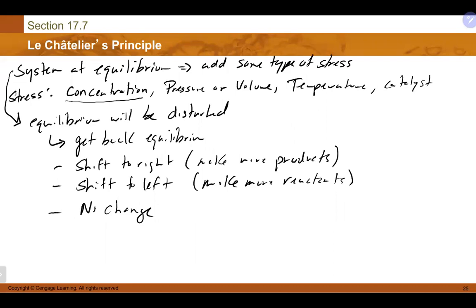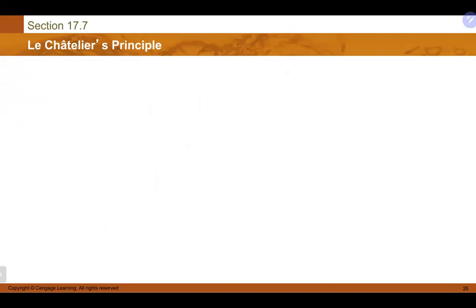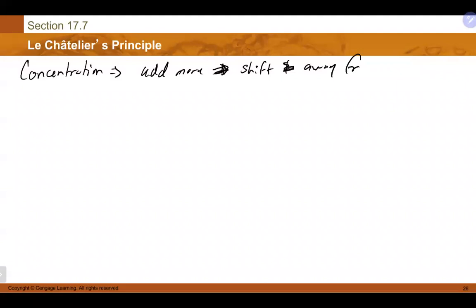So we talked about concentration last time, and again, concentration, there's basically two things that you could do, kind of like what you did in the lab. You could either add more, and when we do add more concentration, basically what we expect to happen is it will shift away from the side you added it to.